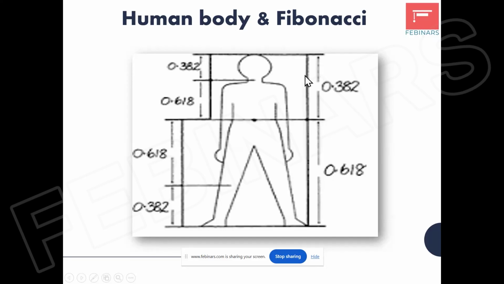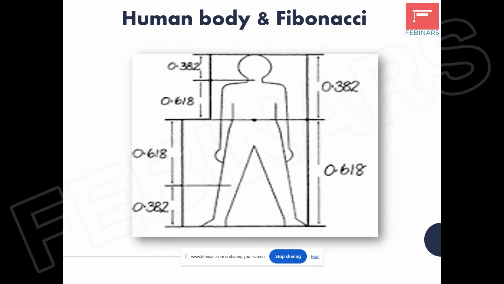From your waist to your head, it's subdivided, it's 0.382, that is 38.2%. Roughly 38% from your waist to your head and 62% from your waist to your foot. Similarly, from your toe to your knees, it's 38.2. From your knees to your waist, it is 61.8.